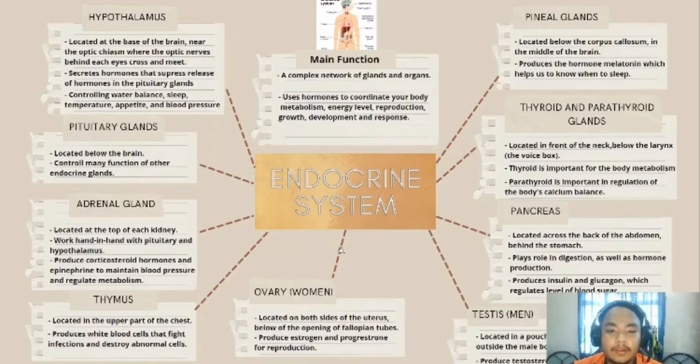The endocrine system. The main function: the endocrine system is a complex network of glands and organs. It uses hormones to coordinate your body's metabolism, energy level, reproduction, growth, development and response.